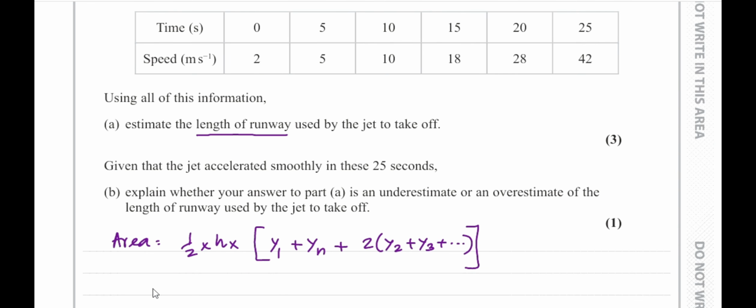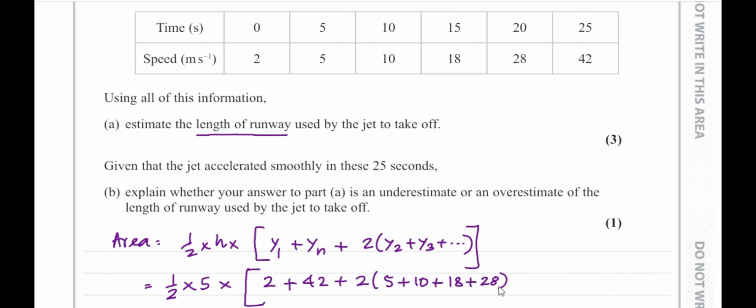So substituting the values here, we can write half times 5 times, the first velocity was 2 and the last one was 42, in between 2 times the bracket 5 plus 10 plus 18 plus 28, close the bracket, close the bracket. Putting into the calculator, we get 415 meters.